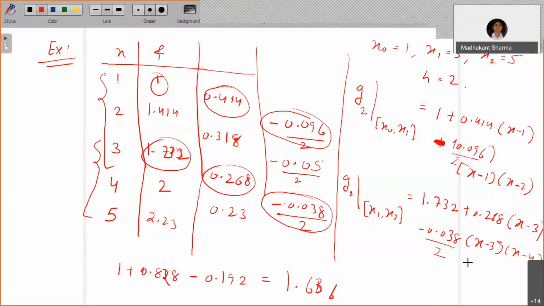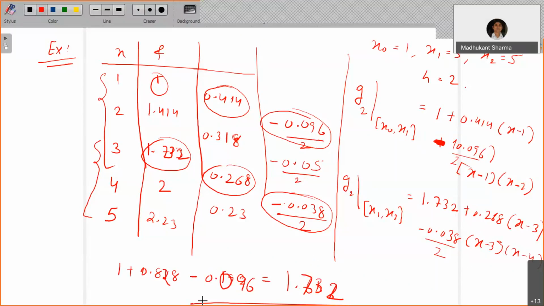Fine, so now it's fine. 1 plus 0.828 minus 0.096. So that is going to be 1.7.